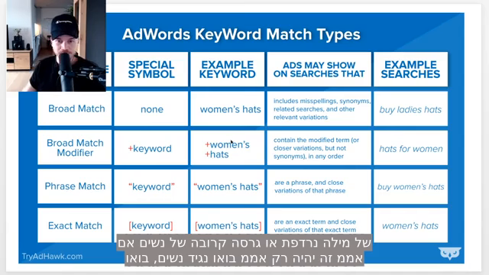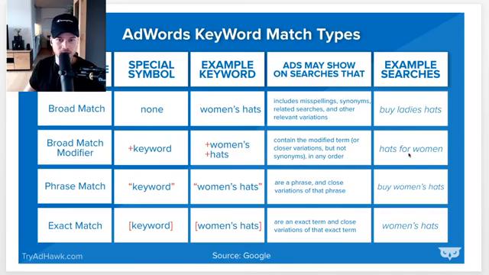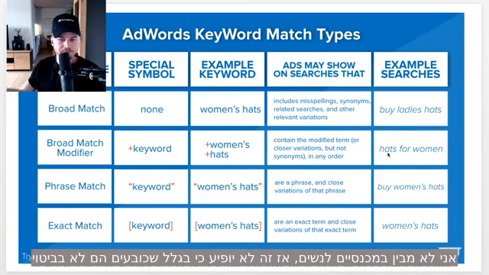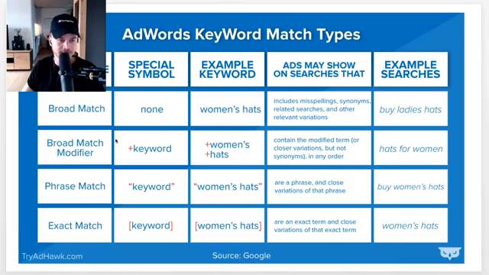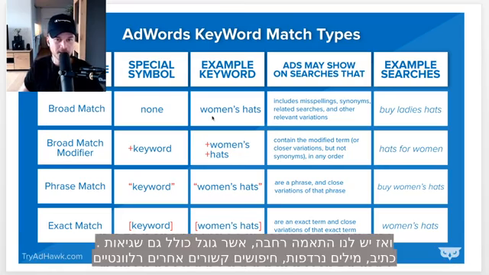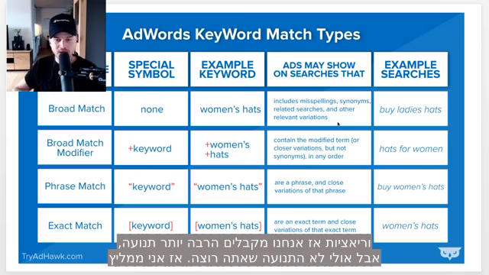If it would be, let's say, pants for women, then it wouldn't show up because hats isn't in the phrase. And then we have a broad match, which Google also includes misspellings, synonyms, related searches, and other relevant variations. So you get a lot more traffic, but maybe not the traffic you want.